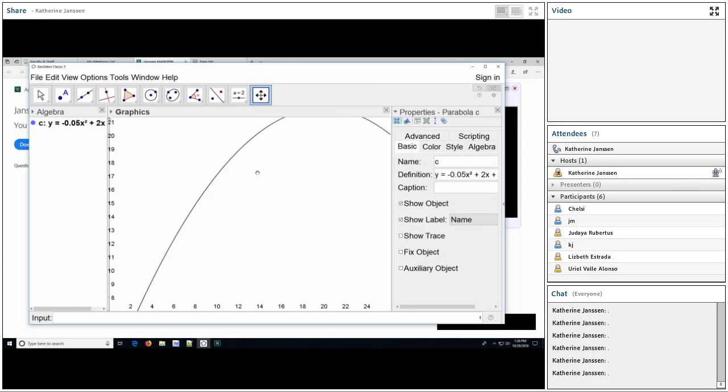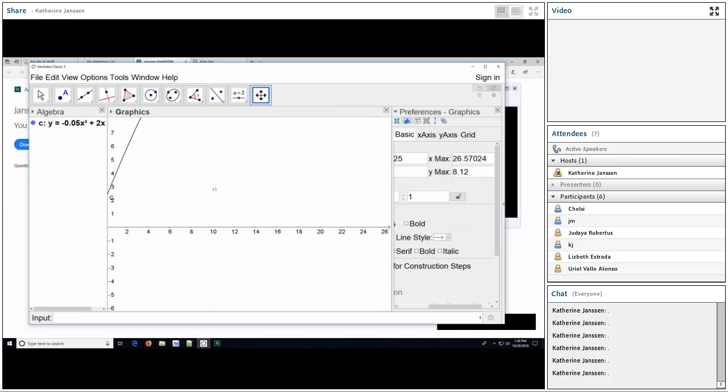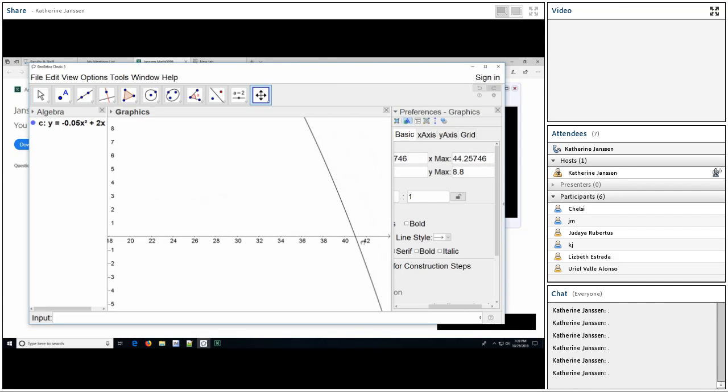So let's pan down for our X maximum. We're looking at the 0 for X and now going over on the X-axis. Looks like 40 plus hours. So let's let our X max be 45. And we're just guessing.